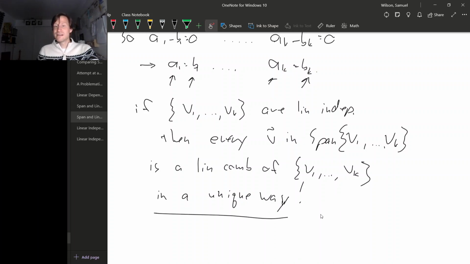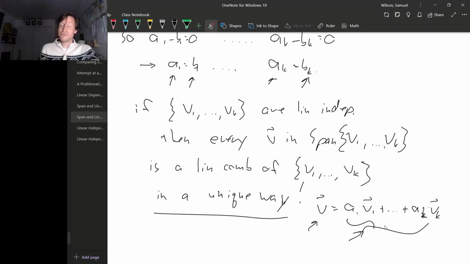So if you write v as some combination of v1 through vk, if the v1 through vk are linearly independent, this is the only way to write v as a linear combination of v1 through vk. And you can see that knowing that this representation, this linear combination, is unique is much better than just knowing that there's some linear combination.